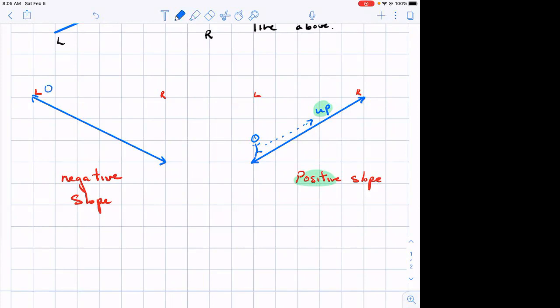Once again, if I'm on the left side of this line here, and you walk along that line, you will be going down. And because you go down, the slope is negative. So you always have to travel from left to right of the line.